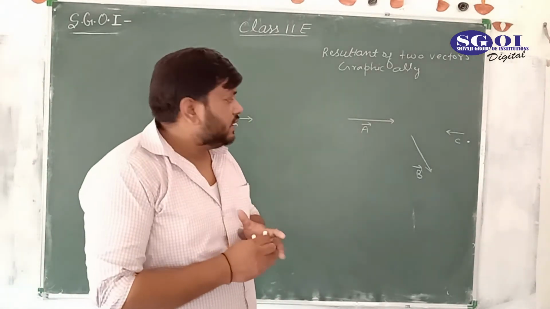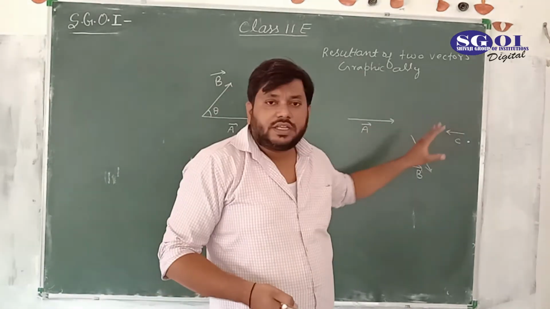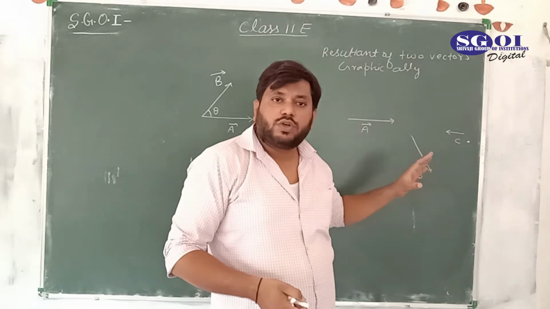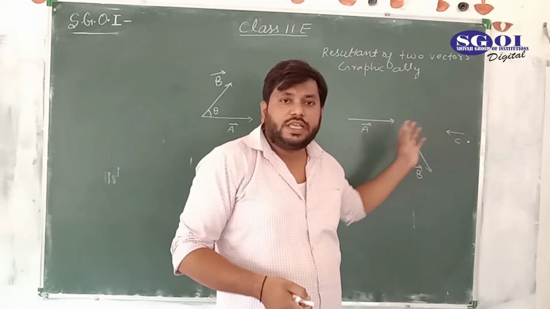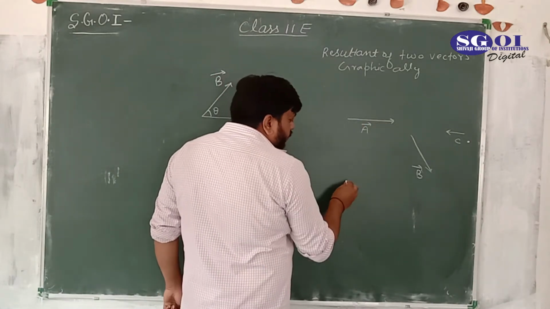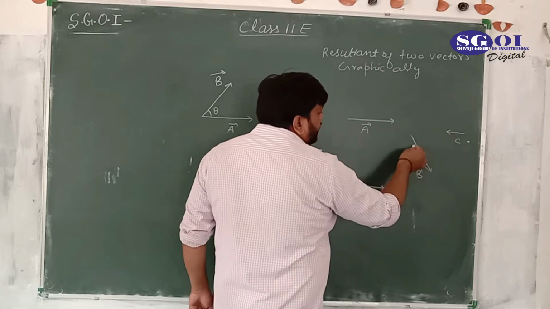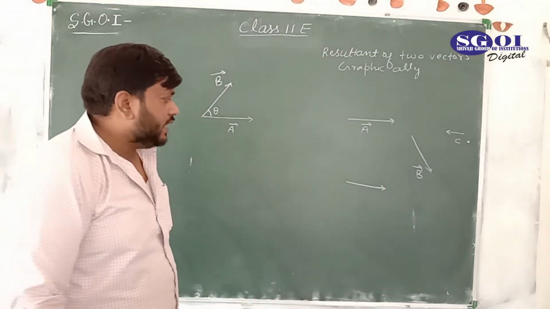What is the procedure? First of all, we draw any one of these three vectors. You can choose any one. So I am taking this one. You can also start with another one; the answer will be the same.